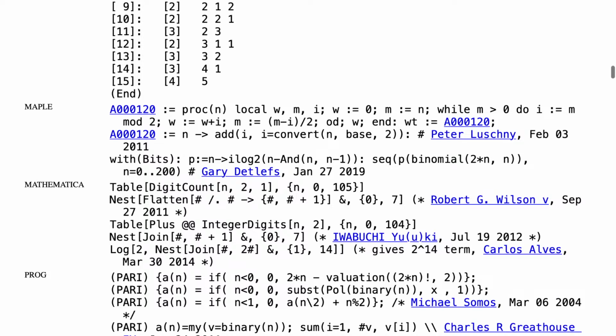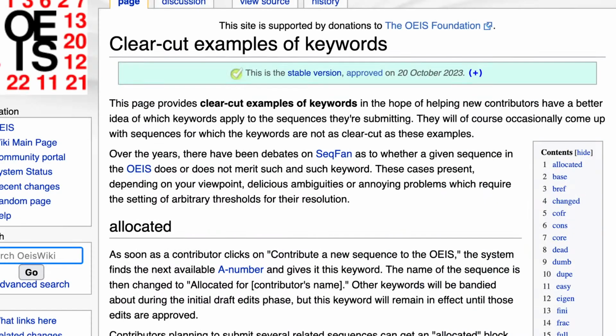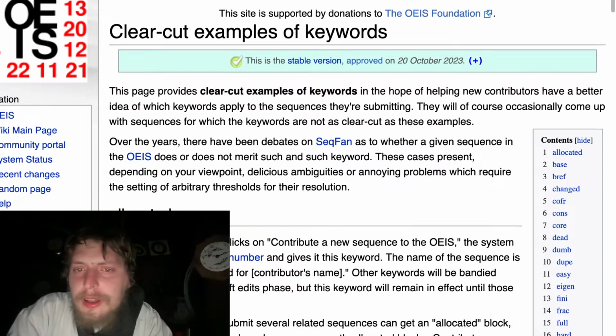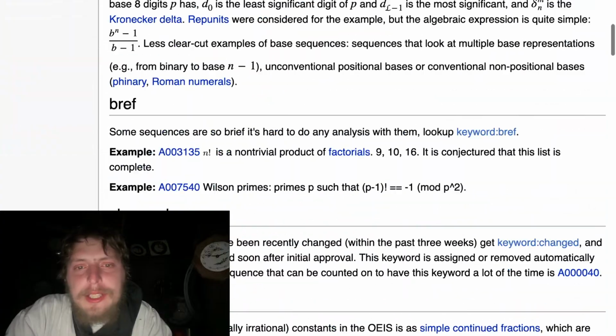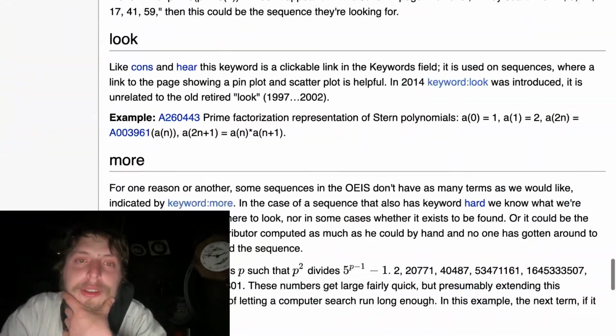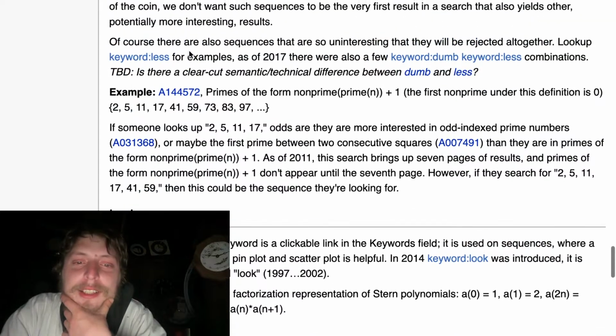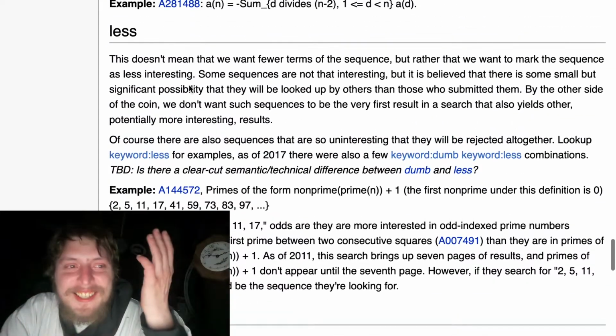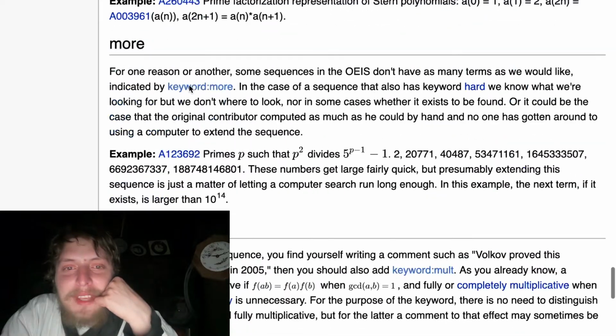So let's go. What are the other keywords? Let's look at it in the clear-cut example list. Base was what I was referring to. Here was cool. Less I got distracted by. That's where we were at. Less interesting really is what they mean by that.